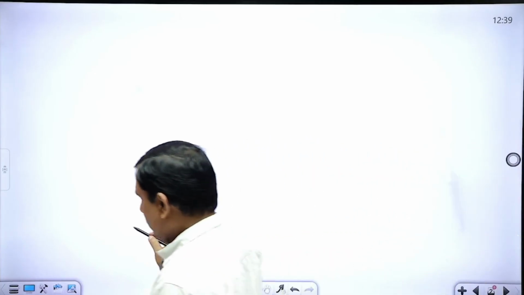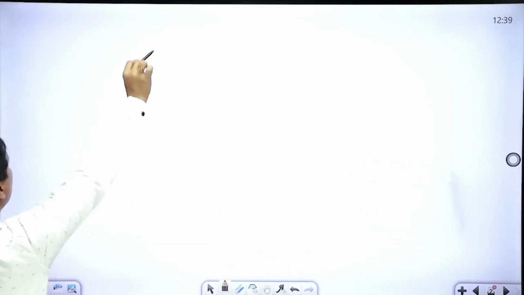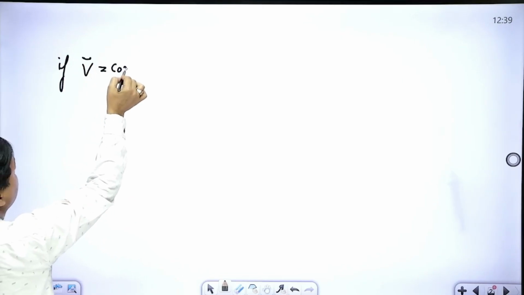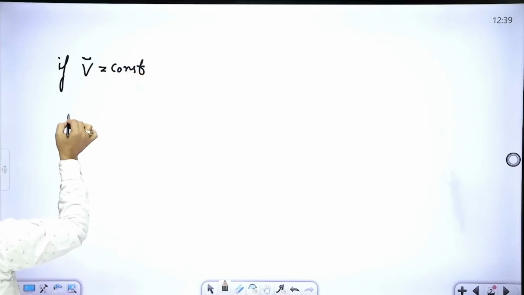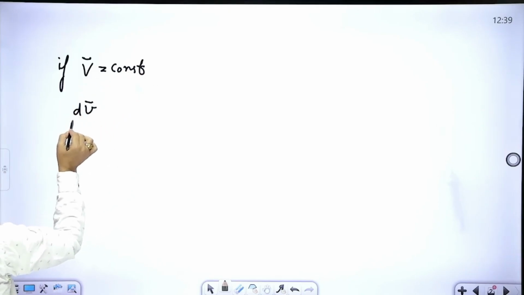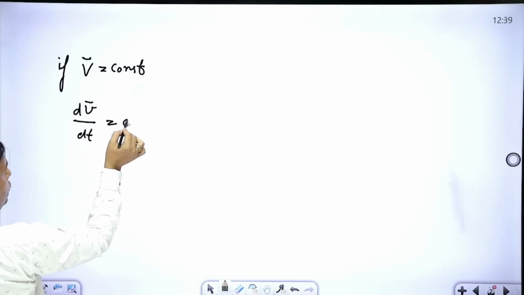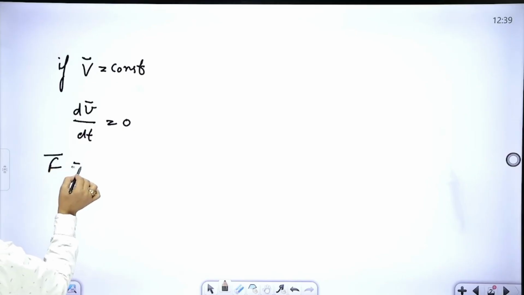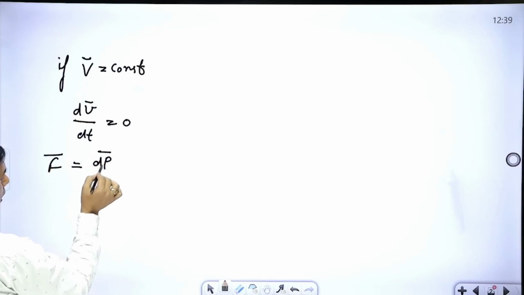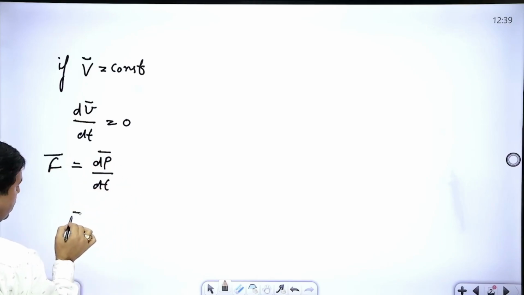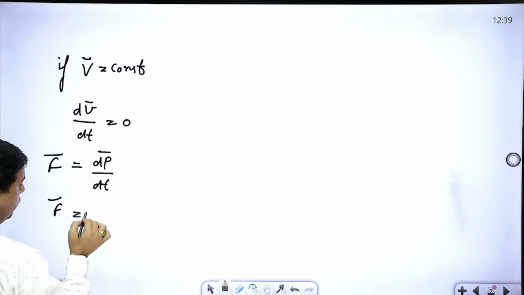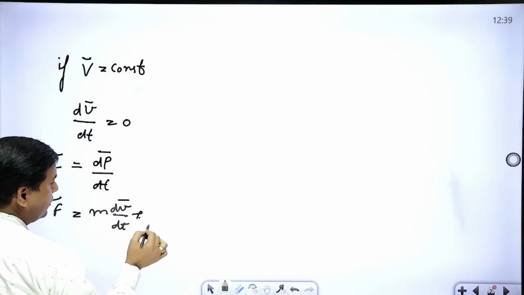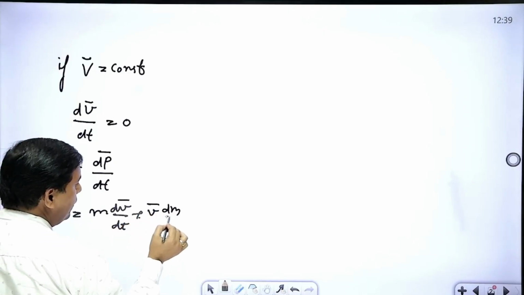Now if the velocity vector is constant, then dv vector upon dt equals 0. So we can write the formula F vector equals dp vector upon dt equals m dv vector upon dt plus v vector dm upon dt.